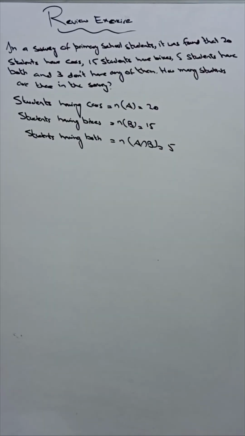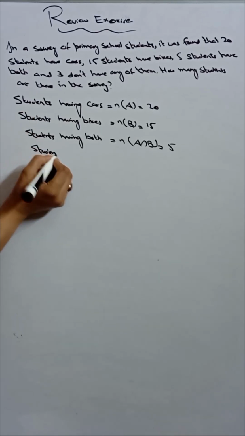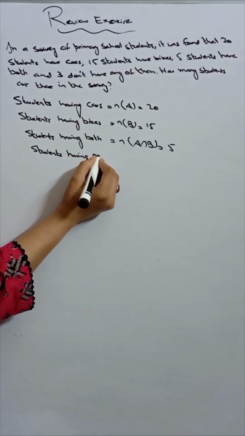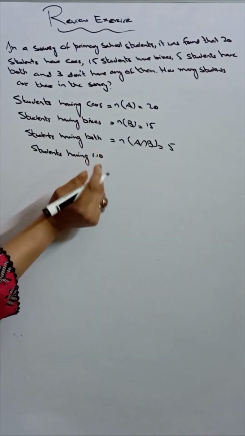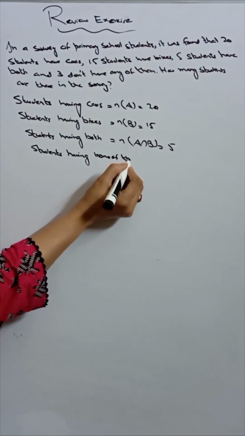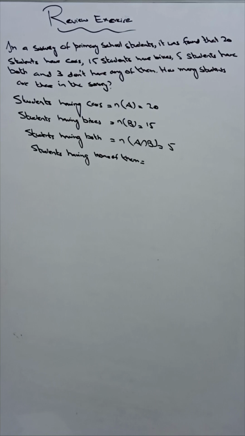All right. Now next, students having none of them. It means neither they have bikes nor they have cars.